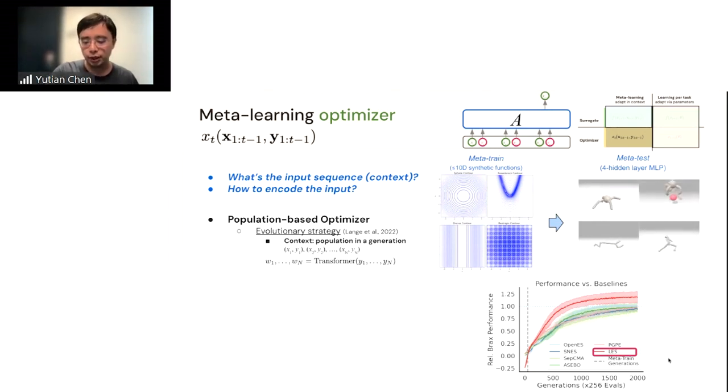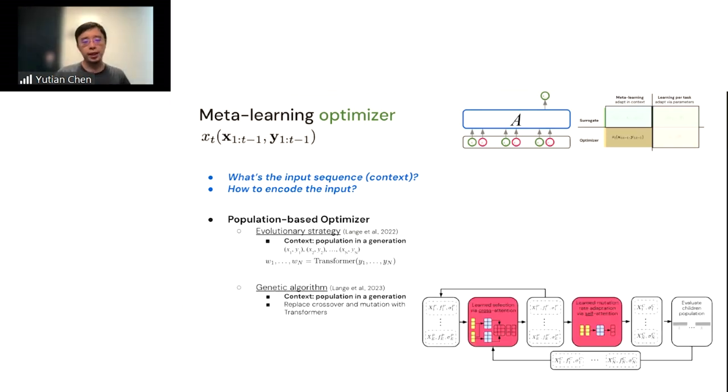And when we measure the performance, it outperforms a lot of recent evolutionary algorithms as well. So this tremendous generalization performance is very outstanding in this meta-learning case. And a similar idea has been extended from evolutionary algorithms to genetic algorithms.